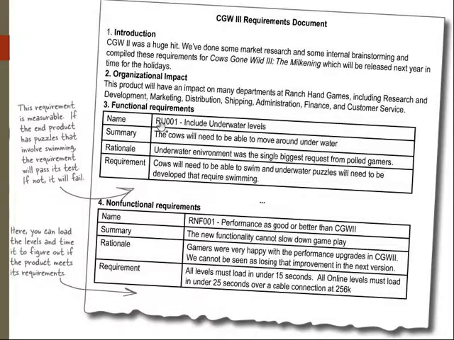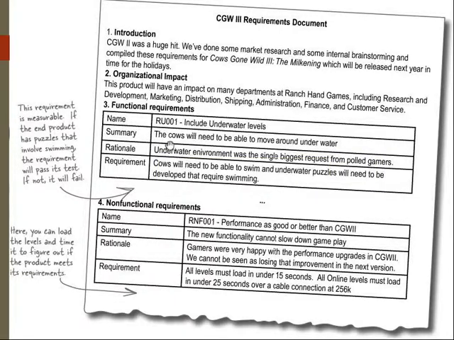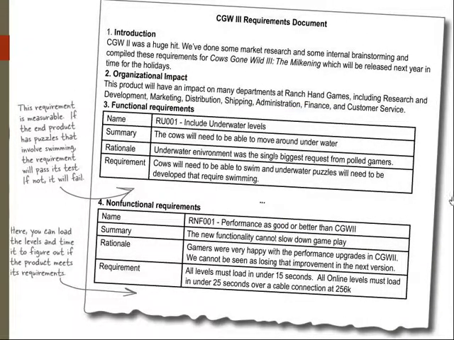Okay, so let's look at this sample requirements document. We learned that requirements can be functional requirements and non-functional requirements. Functional requirements refer to what you can do with it. For example, this requirements document is about a fictitious game called Cows Go Wild 3.